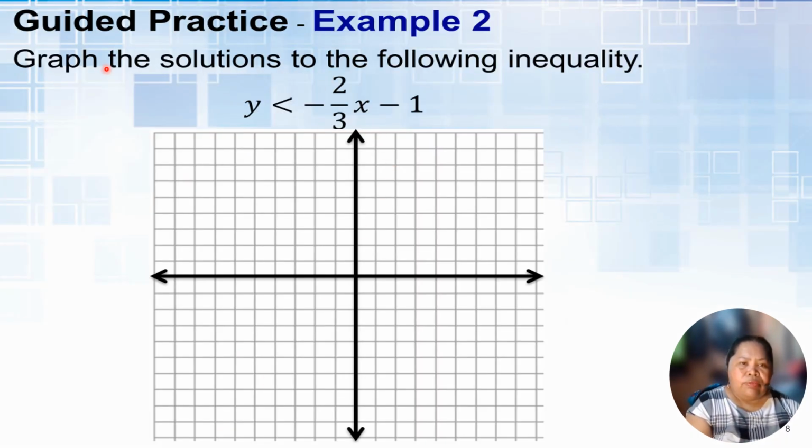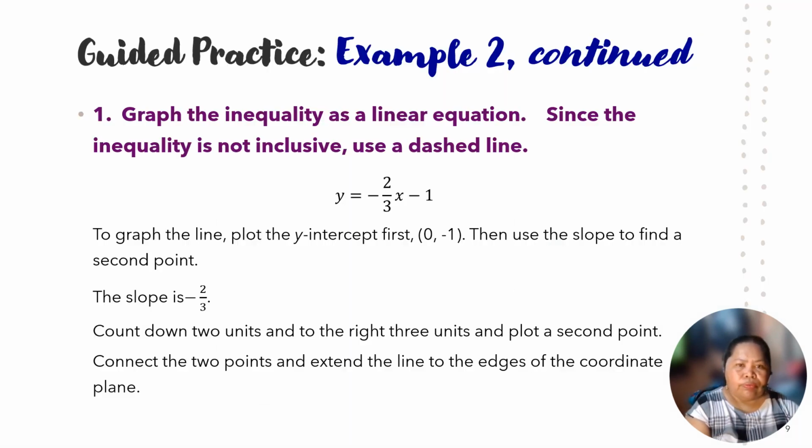Alright, so let's have example number 2. This is y is less than negative 2/3 x minus 1. Okay, so second, graph the inequality as a linear equation. Since the inequality is not inclusive, use a dashed line. So y is equal to negative 2/3 x minus 1.